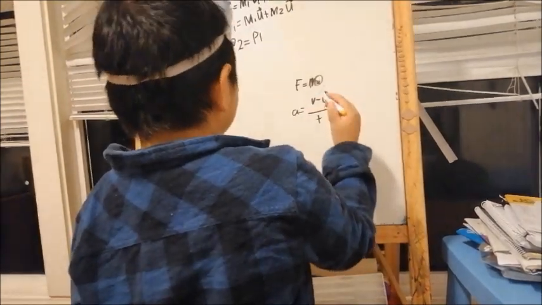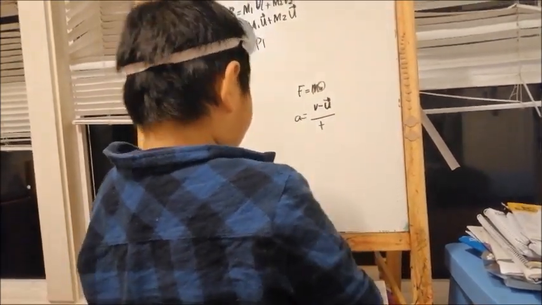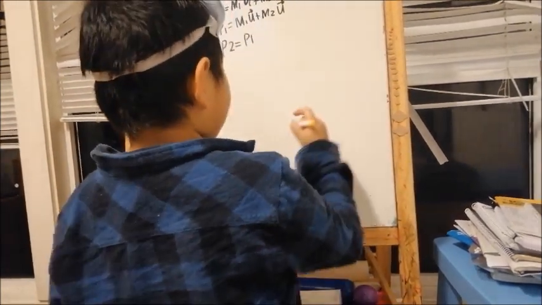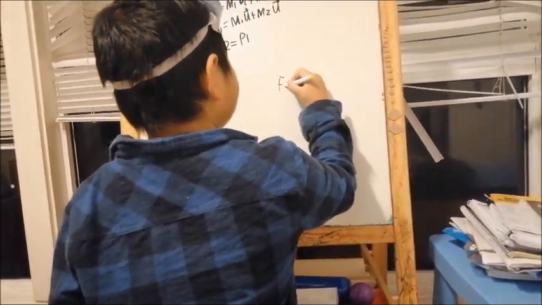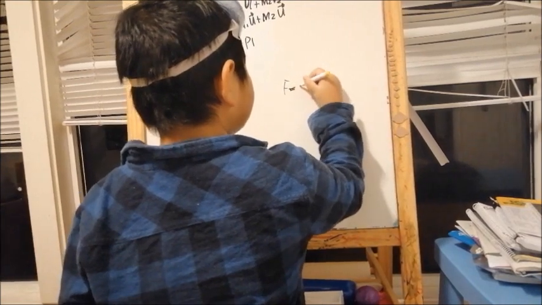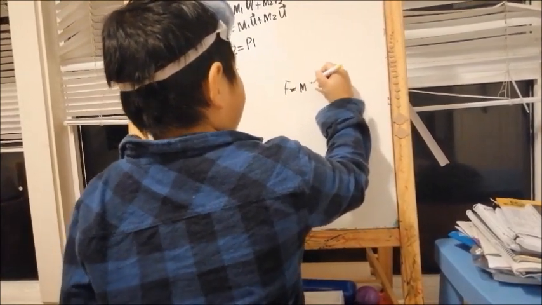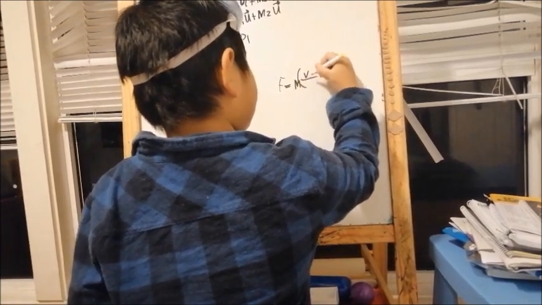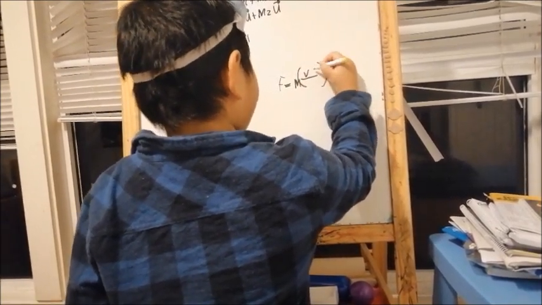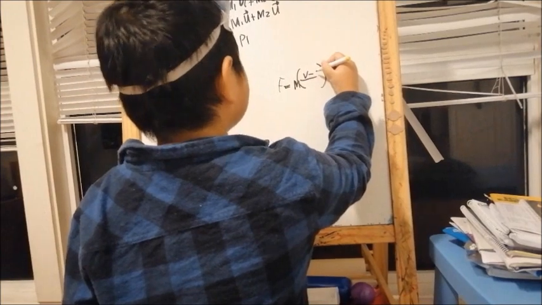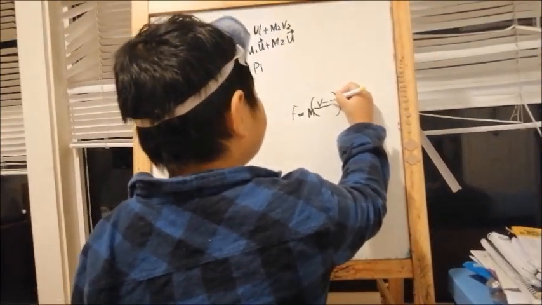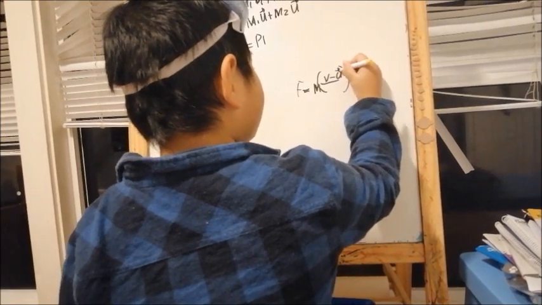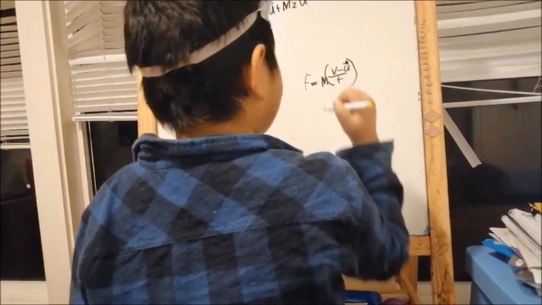So you could make it F equals m in brackets, the ending velocity minus the starting velocity over the time taken.